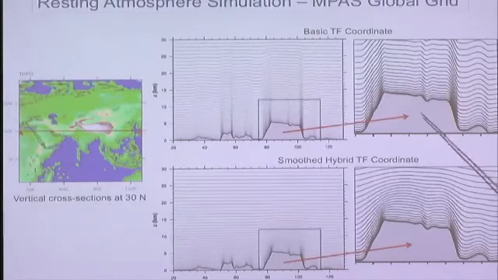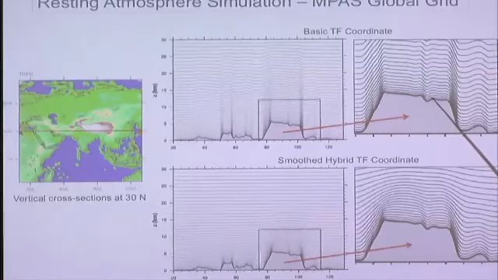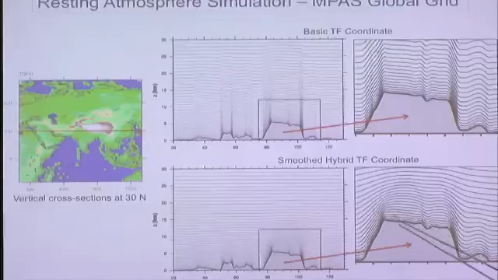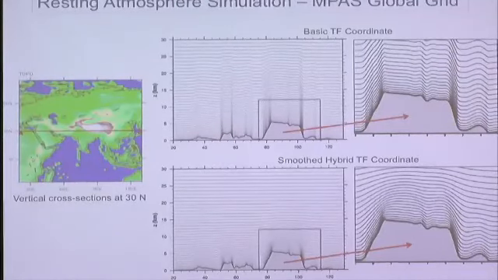For example, even this little feature here, you can follow that all the way up. This is 12 kilometers here at the top, whereas you see how that's being removed more aggressively with height with the terrain smoothing approach.